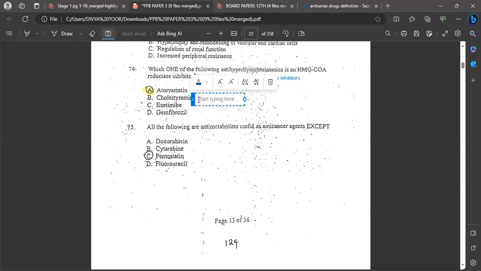B is the bile acid sequestrants. C is selective cholesterol absorption inhibitors. And the last one, the fibrate. It's a fibrate.